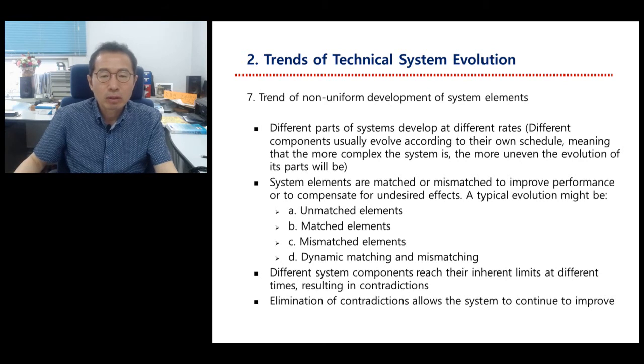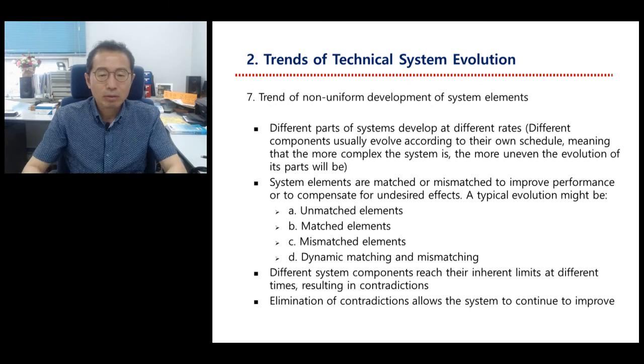Next, the trend of non-uniform development of system elements. A system is composed of many components. Different parts of a system develop at different rates. Different components usually evolve according to their own schedule, meaning that the more complex the system is, the more uneven the evolution of its parts will be.